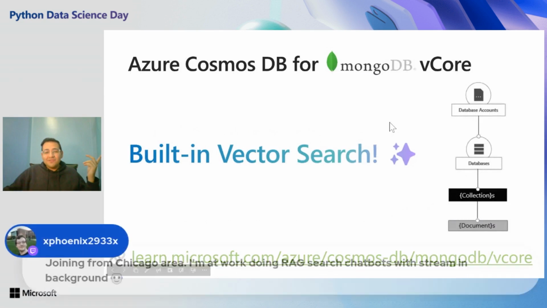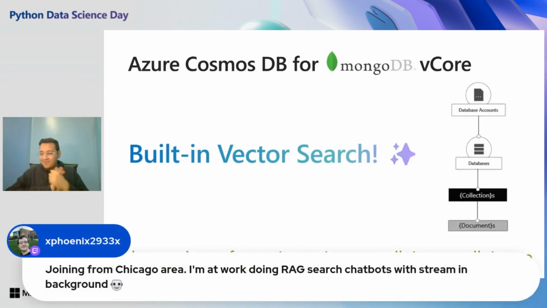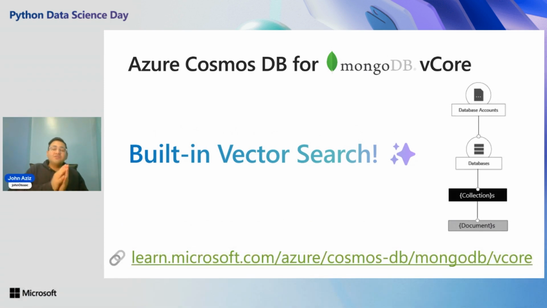So why Cosmos DB for MongoDB vCore? It has a very cool feature which is built-in vector search. And what that means is that I don't have to perform my search somewhere and store my data somewhere else. I can store my data, which is a bunch of numbers, the embeddings, and perform search over them in the same place.